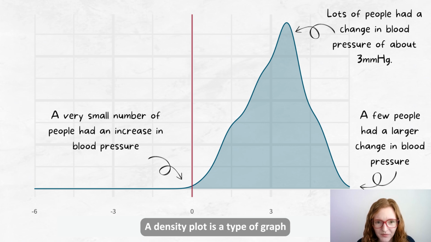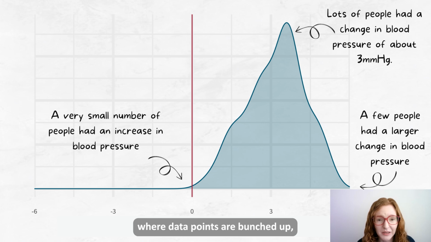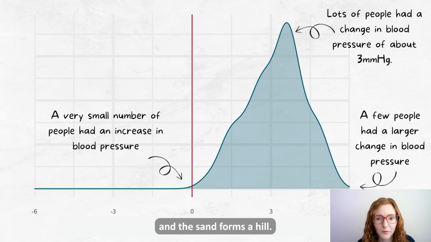A density plot is a type of graph that shows where data points are bunched up and where they are spread out. Here's an easy way to understand it. Imagine a pile of sand that you pour onto a table, and the sand forms a hill. So the highest part of the hill shows where most of the sand is, and the sides show where there's less sand.